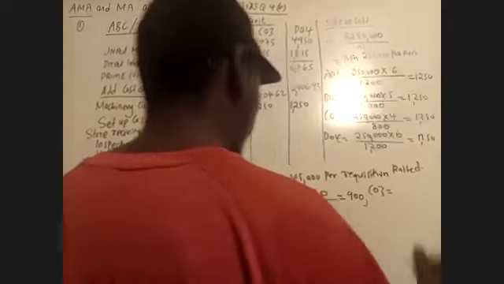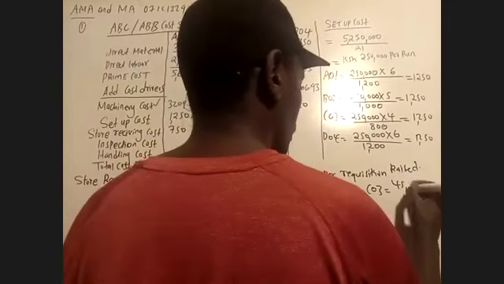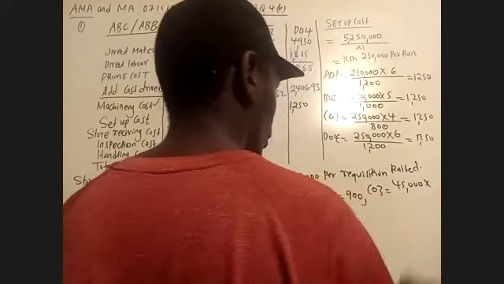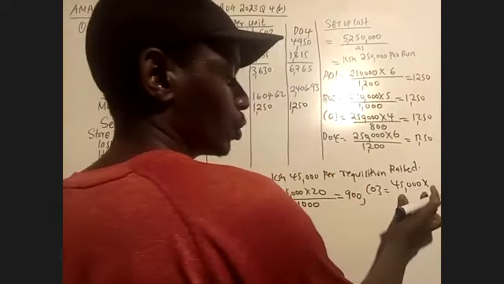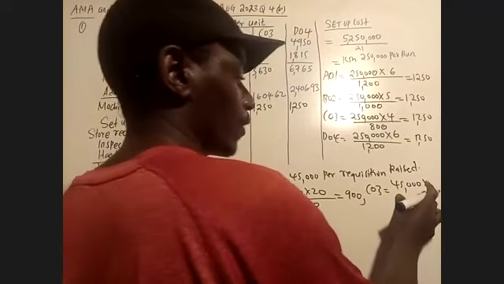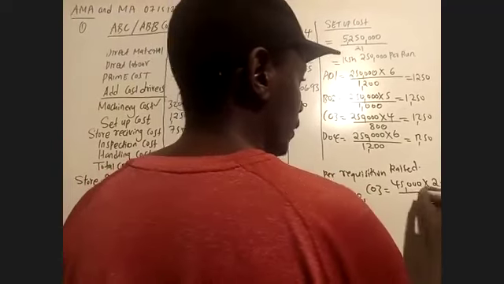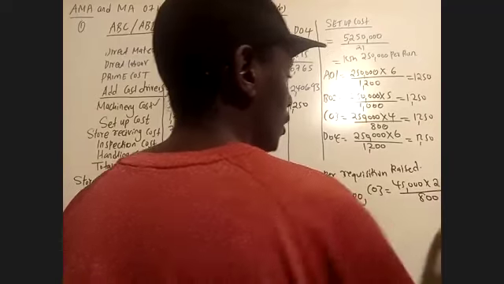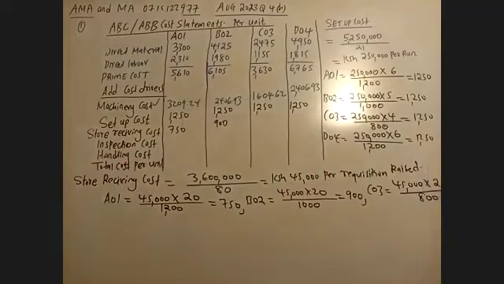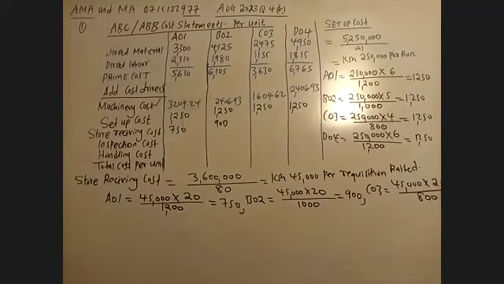C03. We have 45,000, the total cost per requisition. So for one requisition is 45,000. We have 20 requisitions. Then divide by 800.